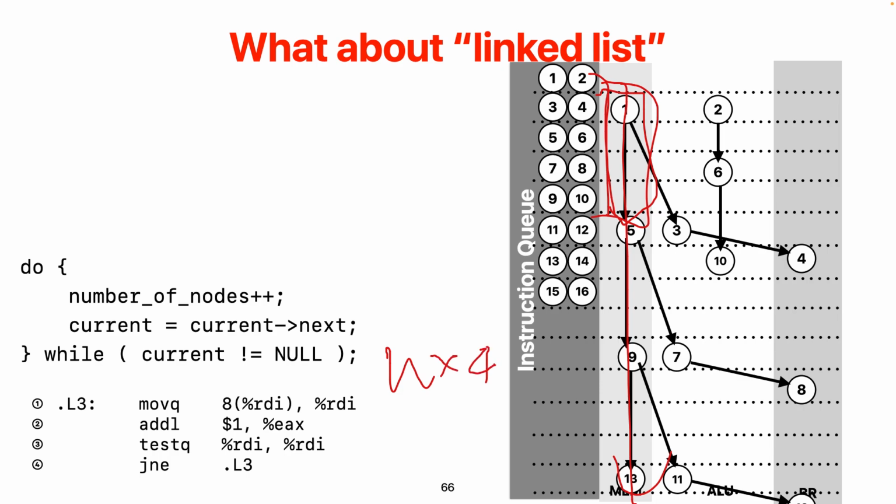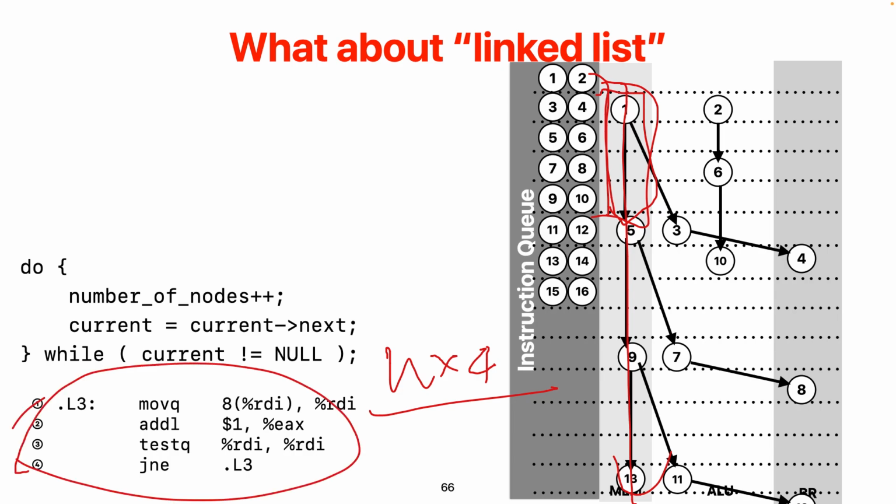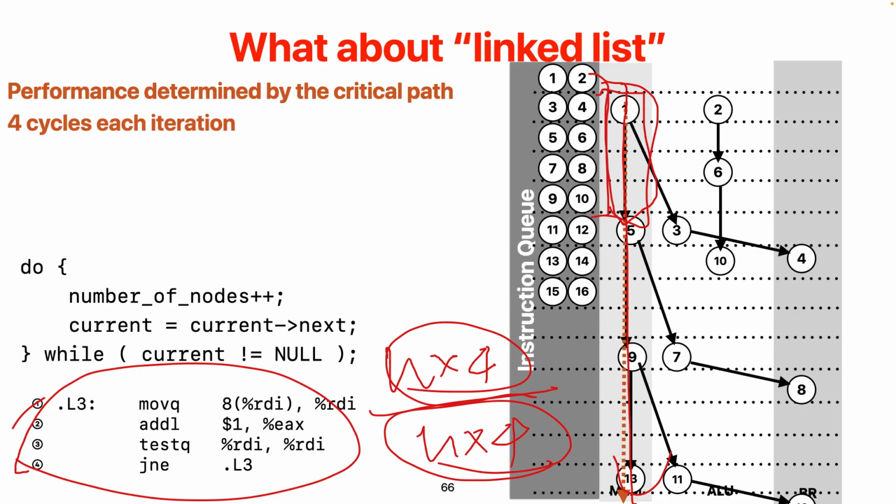How many instructions do I have in the total program? N times 6? This is only 4. N times 4. So n times 4 instructions will take n times 4 cycles. So the answer is actually 4 divided by 4, equal to 1.